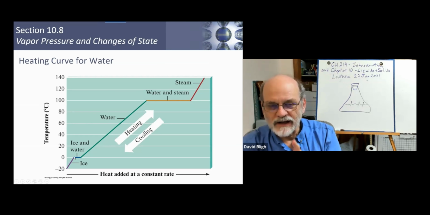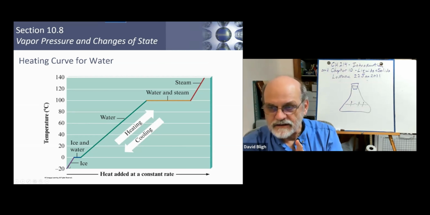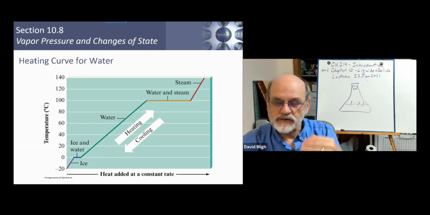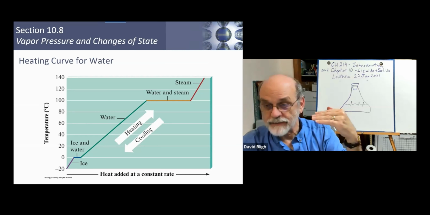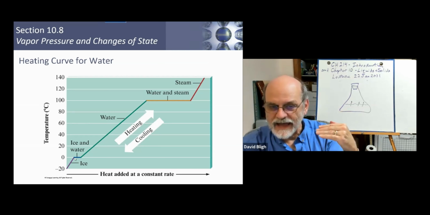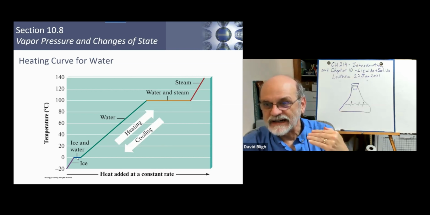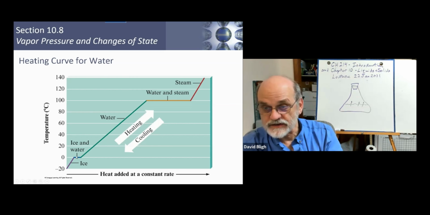When it reaches its melting point, now the heat that we add is not just used to raise the temperature, which is what was happening before. Now the heat we add is used to break bonds and convert the solid into liquid. And it's going to stay at that temperature until all the solid is gone.